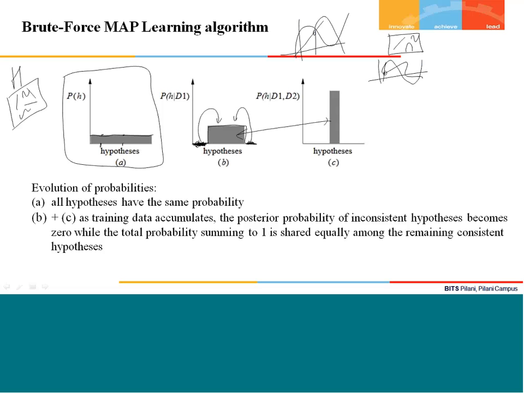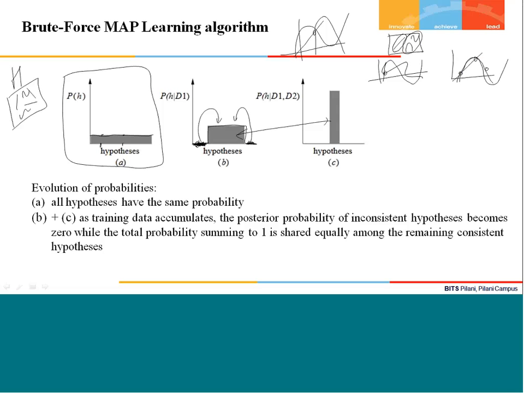Now once you see one more evidence, with 2 points, again all 3 can fit. Once you see 3 points, let's say, you can see that the line is no more in the version space, because a line cannot go through this. So the version space is restricted to these 2, because the quadratic can go through this and the cubic can go through this.